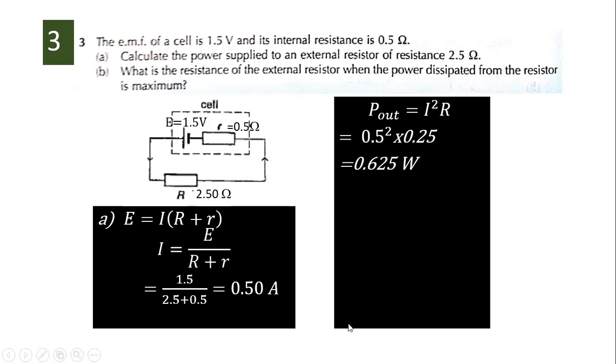You can use a formula, but I try not to use too many formulas, just the limited, basic ones that you need to know. What's the resistance of the external resistor when the power dissipated from the resistor is maximum?